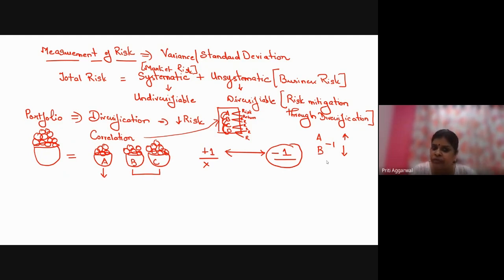So when I have to develop a portfolio, the two important concepts that I need to understand are diversification and correlation. Diversification will help you reduce your risk. Correlation will help you understand that if there is a negative correlation between securities, I can choose these two securities and add them to my portfolio. Right? So that is how we determine our portfolio risk and return.